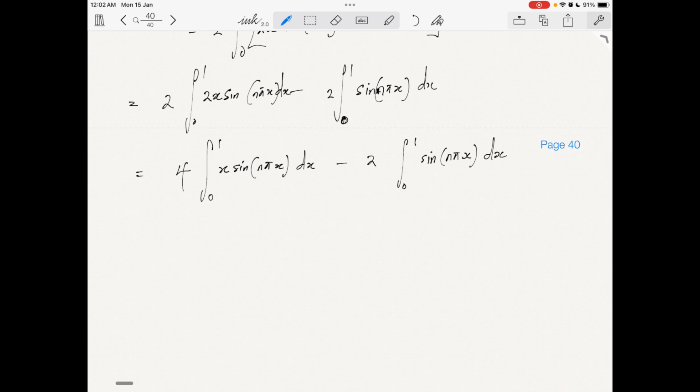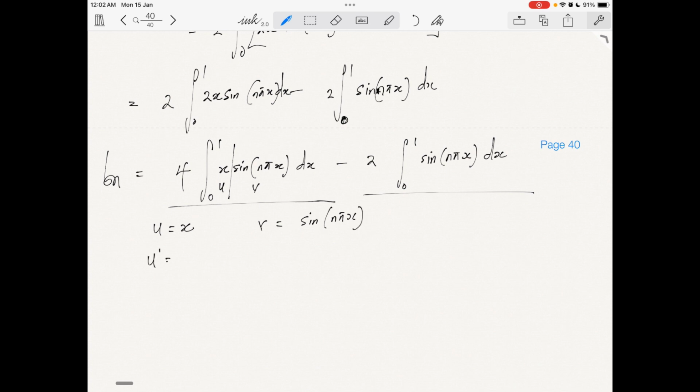Now this is bn. This can be integrated directly. However, this function can be split into two as uv. So u is equal to x and v is equal to sine n pi x.